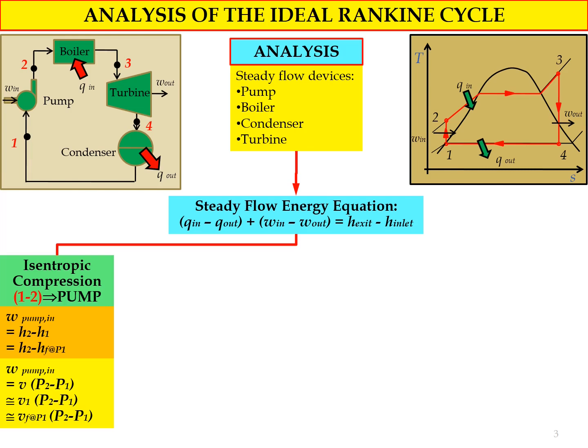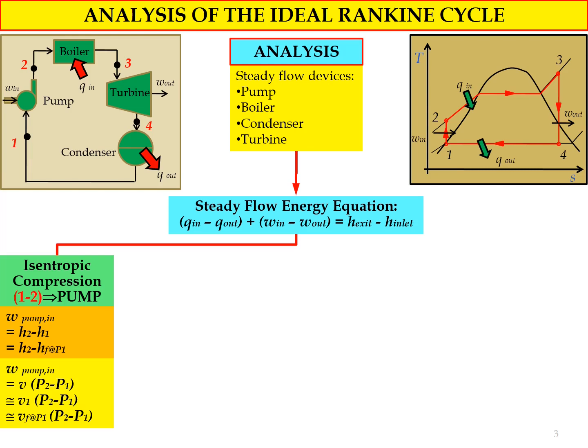Normally we refer to the equation in fluid mechanics, where W pump in equals V, the specific volume, multiplied by the pressure difference P2 minus P1: the pressure at the outlet of the pump minus the pressure at the inlet of the pump. The equation is more or less equal to V1 multiplied by P2 minus P1. And because for the ideal Rankine cycle state number 1 is saturated liquid, we can replace V1 with VF at P1 multiplied by P2 minus P1. VF stands for the specific volume at the saturated liquid condition.